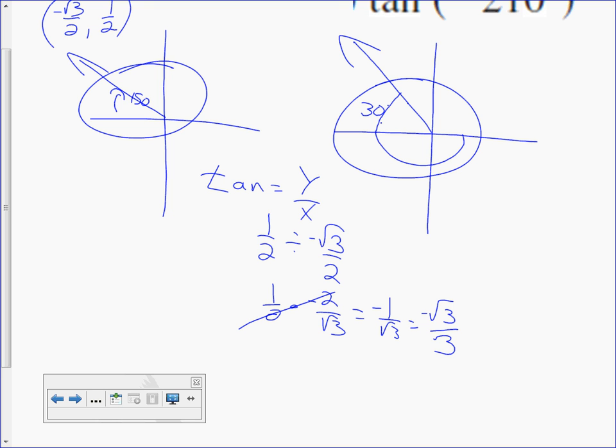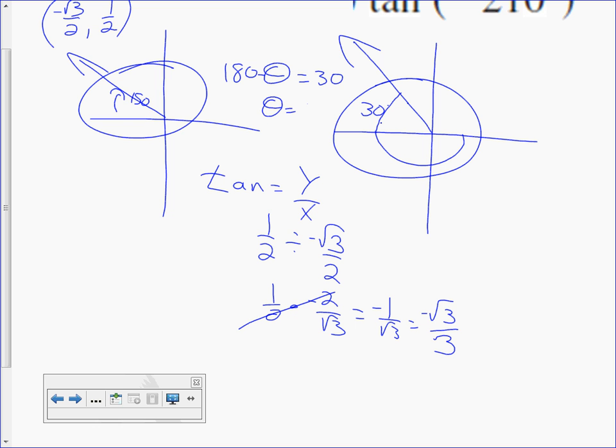Yes, ma'am? Where did that 150 come from? It's the reference angle. What we did, the angle was 30. What I'm saying here, the 30 degree is the reference angle, but what theta has a reference angle of 30 degrees in the second quadrant? 150. Remember, your theta, 180 minus theta, is your reference angle.